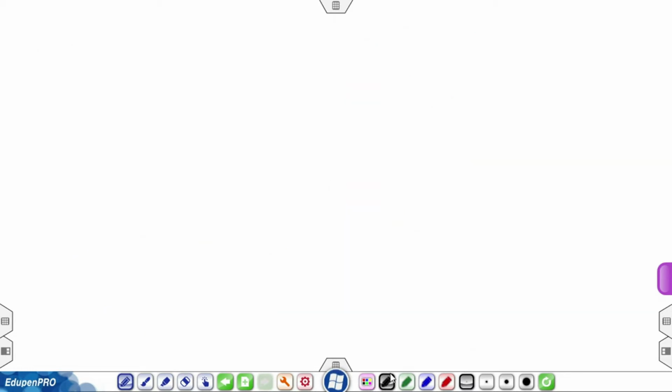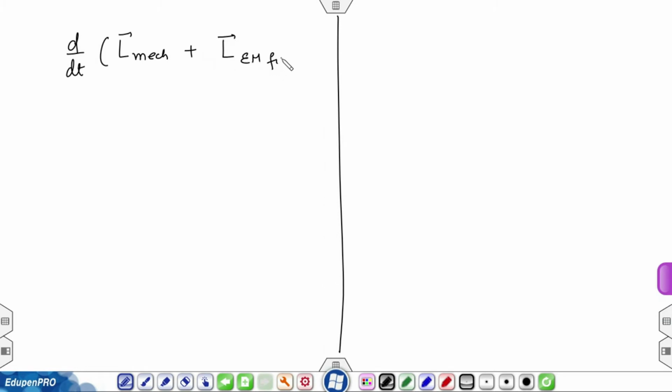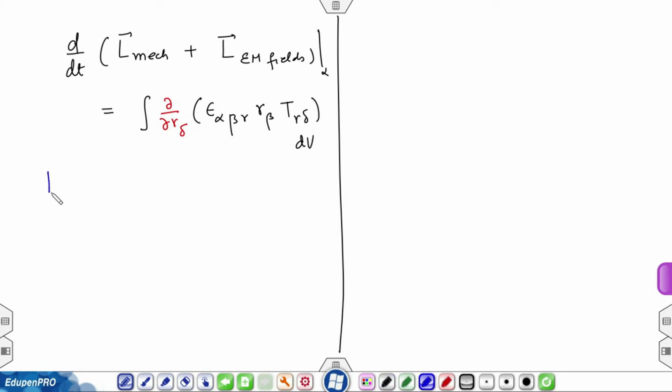So, what you are left with is that d by dt of L mechanical of those charges plus, now I am going to call this L of EM fields, is equal to integral del over del R delta, then I have epsilon alpha beta gamma R beta T gamma delta dV, where L of EM fields is equal to integral R cross epsilon 0 E cross B dV.